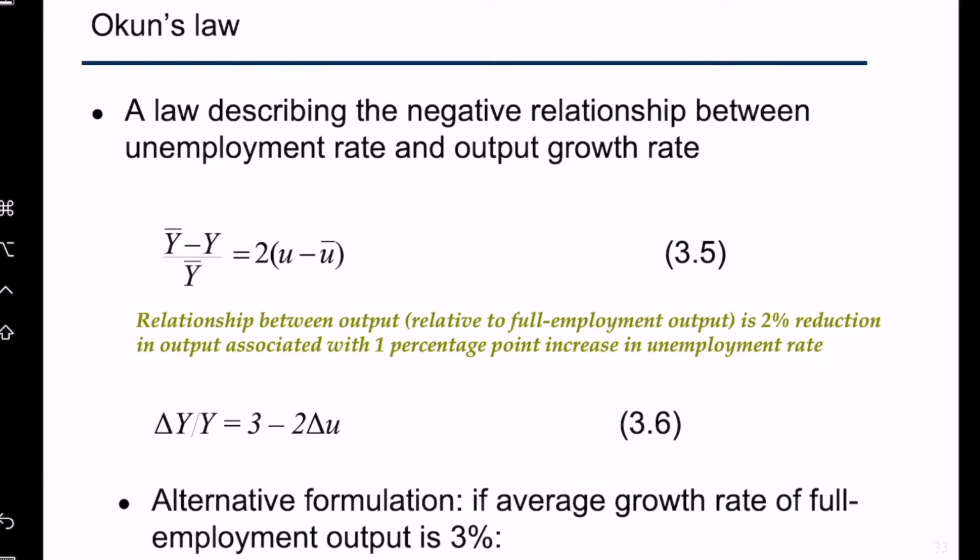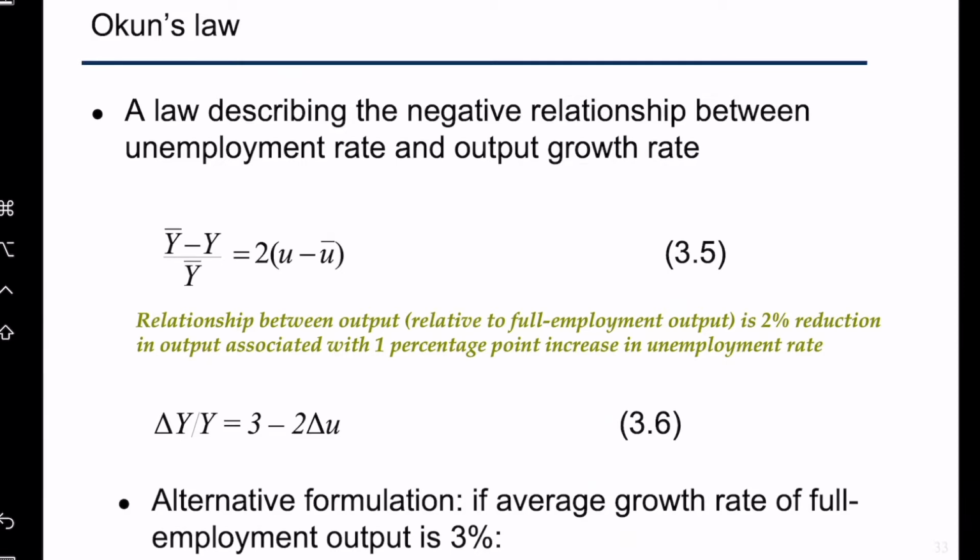And then the ratio is 2. That is, if the unemployment rate increased by 1 percentage point, then it means that the deviation from the natural rate of unemployment increased by 1 percentage point.